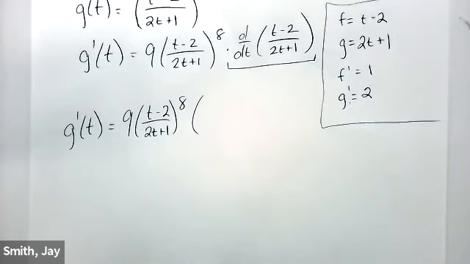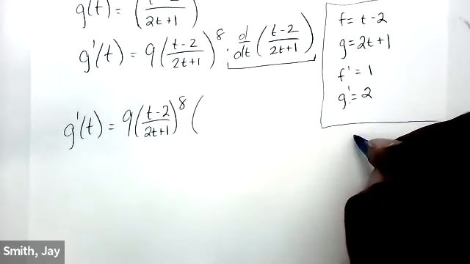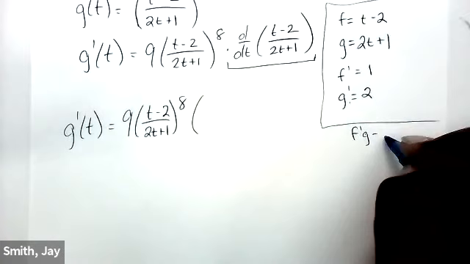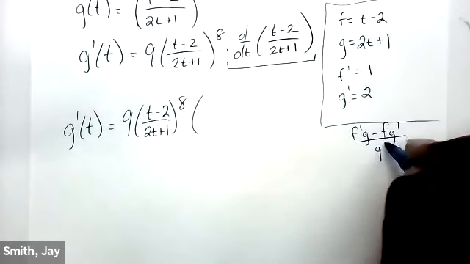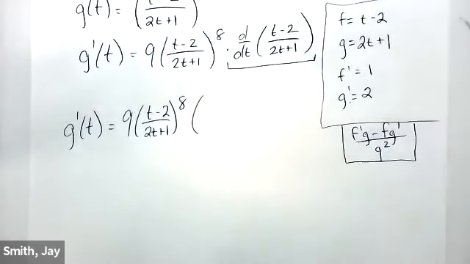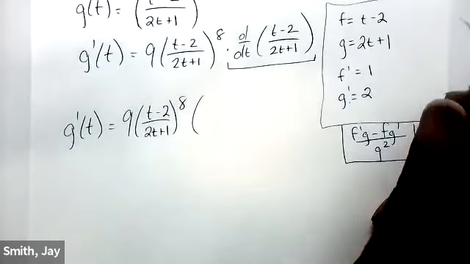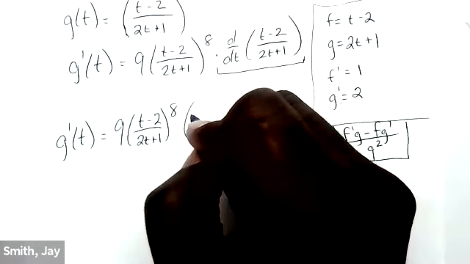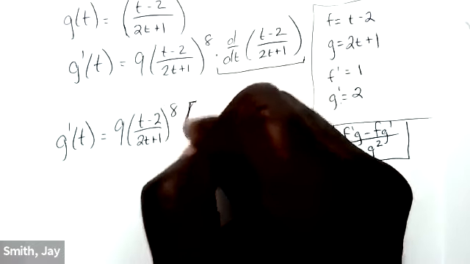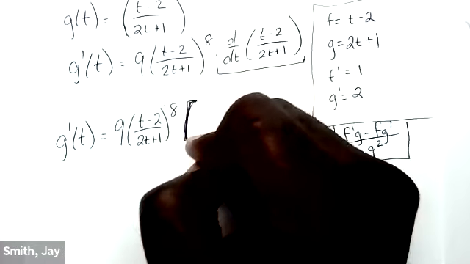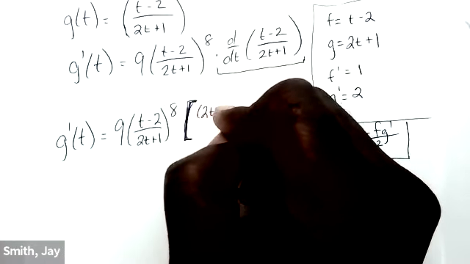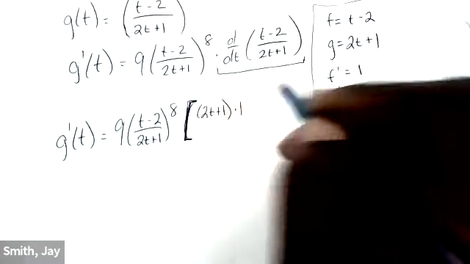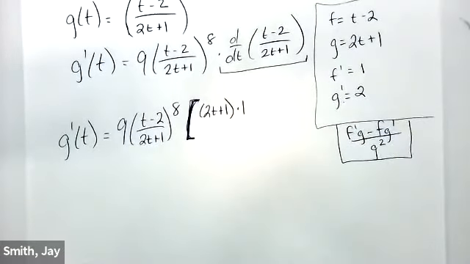So now we're going to start plugging everything in its appropriate place. This is a reminder, quotient rule: f prime g minus f g prime, all over g squared. All right. So here we will have 2t plus 1. Should put this in brackets. So we have 2t plus 1 times 1.